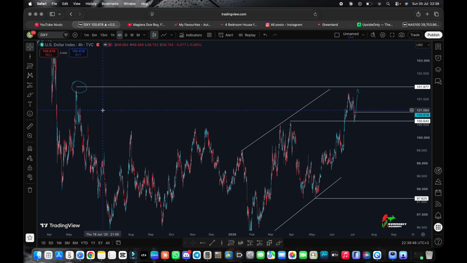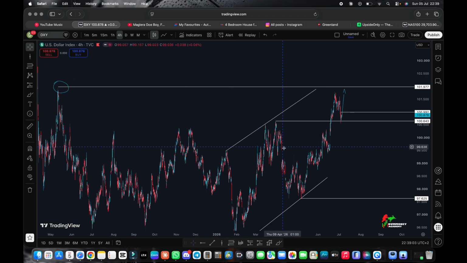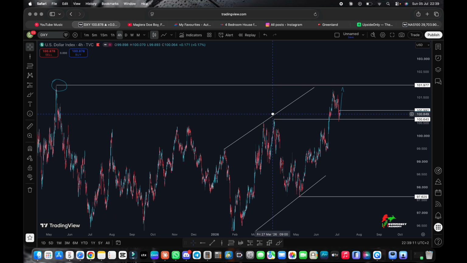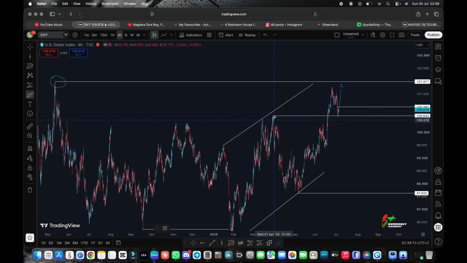Whenever you get into a chart, you have to establish a playground, and what makes a playground is a high and a low, right? Once you've identified your high, you now have to identify your lows. At this point, I chose this to be my low, right?